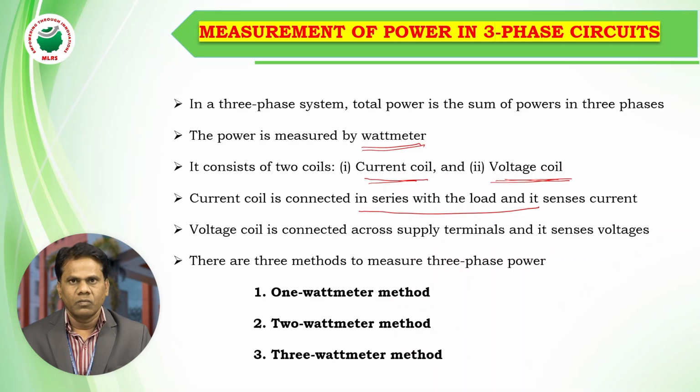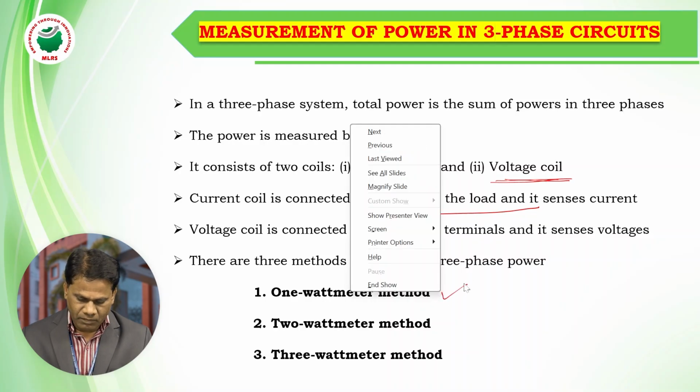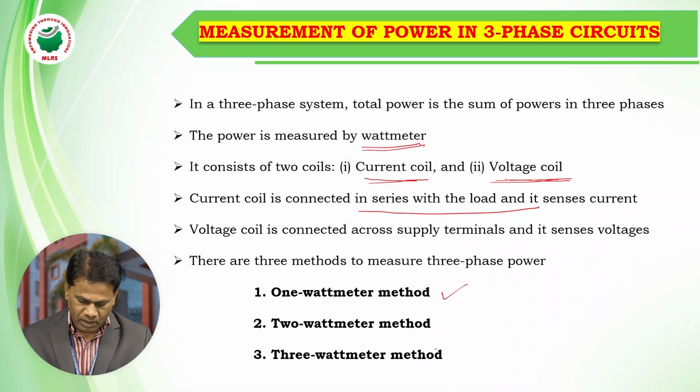In general, there are three methods to measure the active power in a three-phase circuit. One is the one wattmeter method, the second is the two wattmeter method, and the third is the three wattmeter method. These are the three different methods to measure the active power in three-phase circuits, whether the load is balanced or unbalanced.